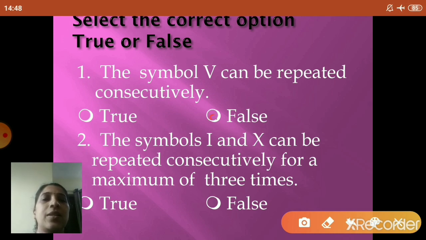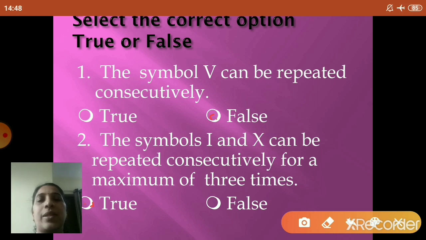The second one is, the symbols I and X can be repeated consecutively for a maximum of 3 times. Again, this is based on your rules. Same thing, right? Symbols I and X can be repeated consecutively only 3 times. So your answer will be true.